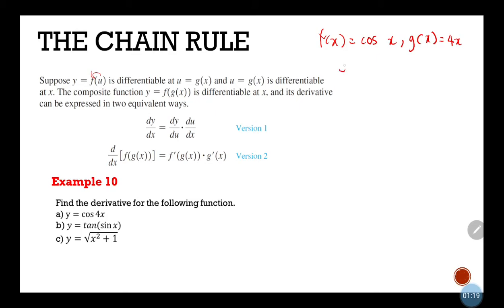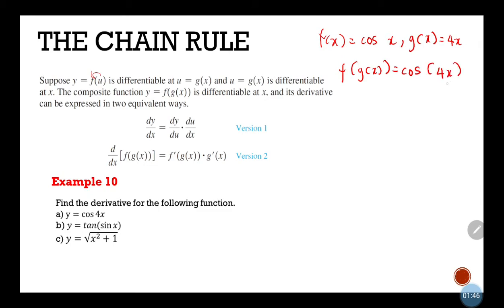So what does it mean by f of g(x) composite? Rewrite back the function for f(x), which is cos x, but in the x part you have to put in 4x.